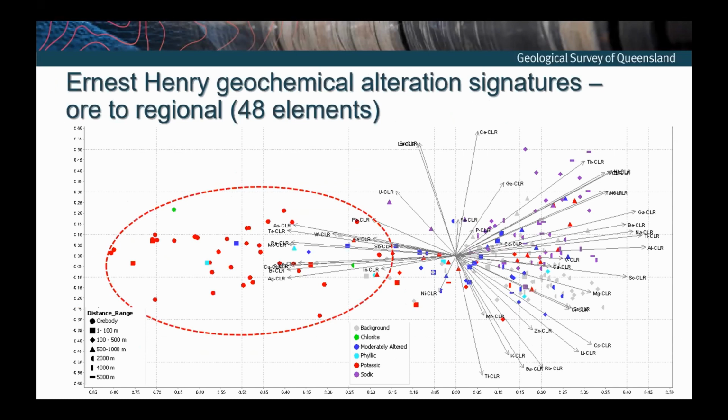It's a bit complicated, but the main message is that the majority of samples within the ore body and proximal to it are characterized by K-spar alteration. Distal from the ore body, that's pretty much everything on the right of the image, it's typically sodic alteration. And there are a few interesting anomalies, like some samples which are within the ore body, very close to it, marked as unaltered or moderately altered, which deserves a second look.